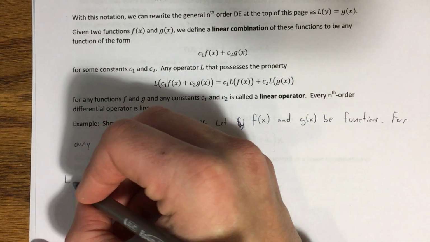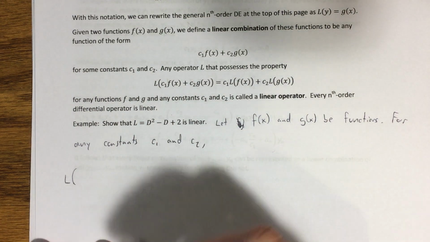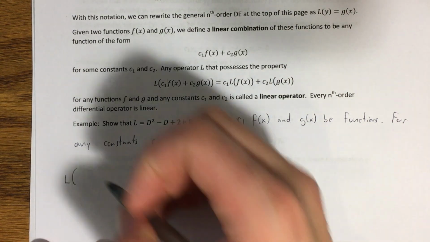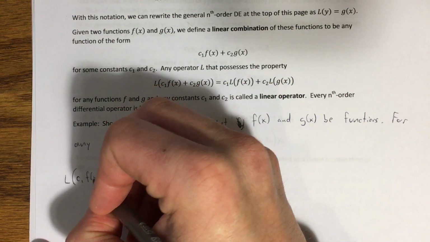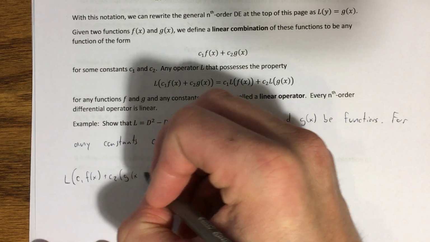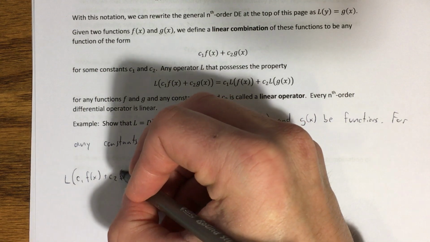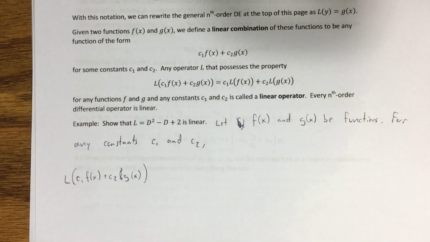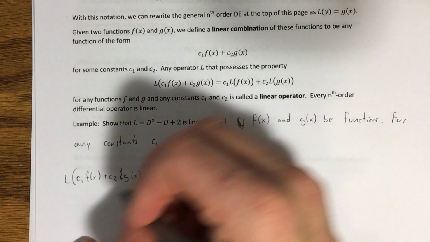So if I take L of a linear combination of these, c1 f of x plus c2 g of x, what is that equal to?